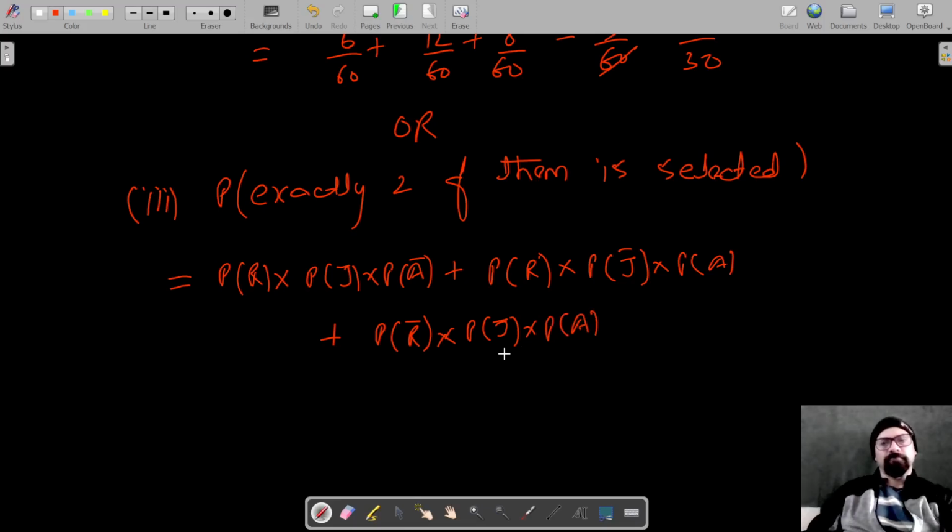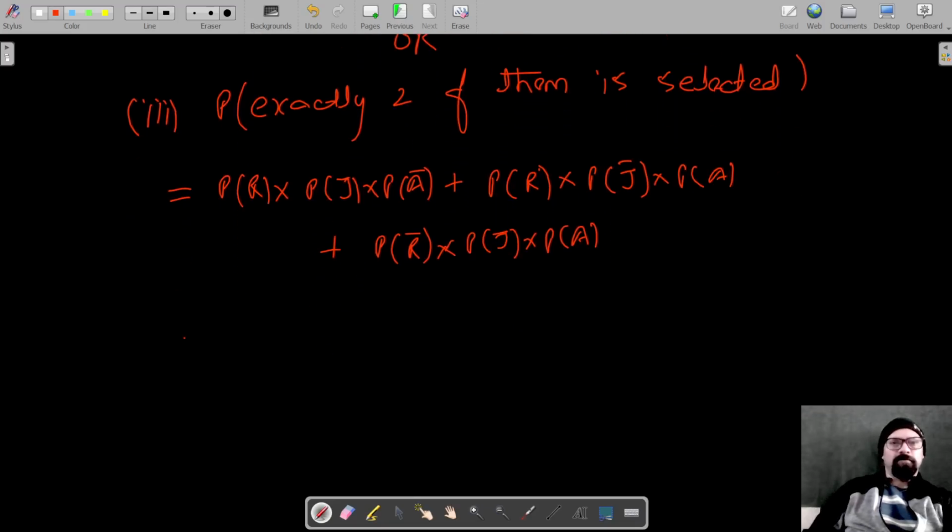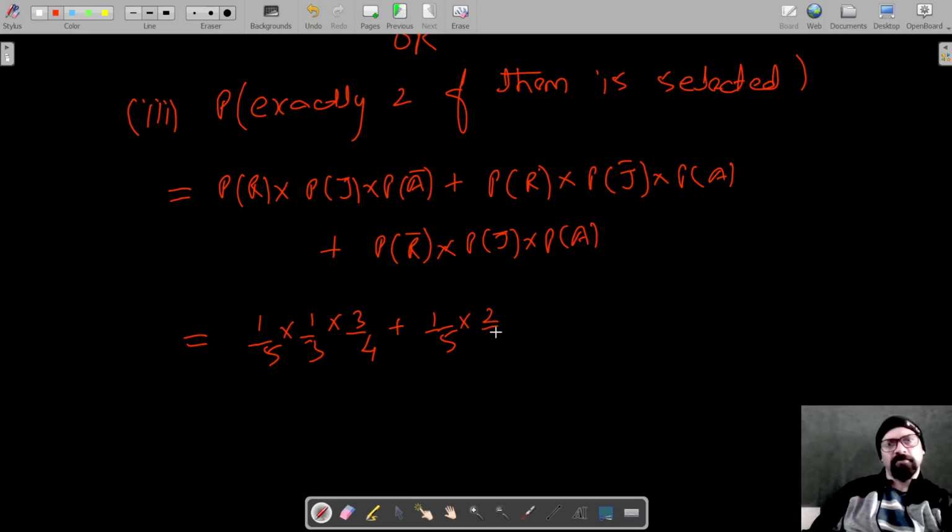Okay, so now probability of Rohit getting selected is 1 by 5, Jaspreet getting selected is 1 by 3, into Alia not getting selected is 3 by 4. Now 1 by 5, Jaspreet not getting selected is 2 by 3, Alia getting selected is 1 by 4.